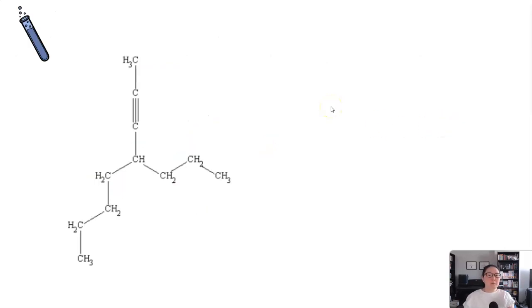And once again, pause the video and try naming this one. So here we are going to highlight our parent chain. It is going to go this way because it's our longest chain that contains our parent functional group. We're going to number this. We have to start numbering from this side because that'll definitely give the lowest number combination for that triple bond.